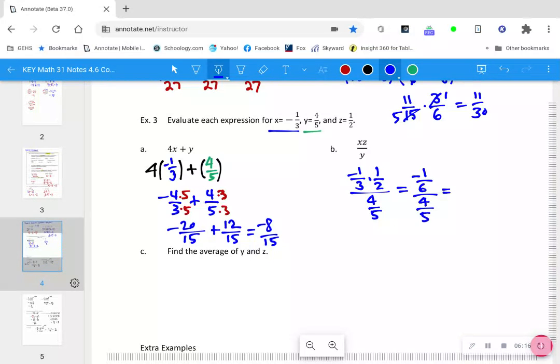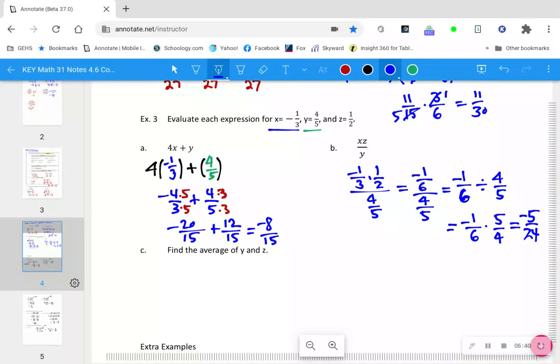And we're going to write this using method 1 that we learned in this section. We're going to write it as a division problem first. And then the division problem becomes multiplying by the reciprocal. So this is -5/24 when we're done.